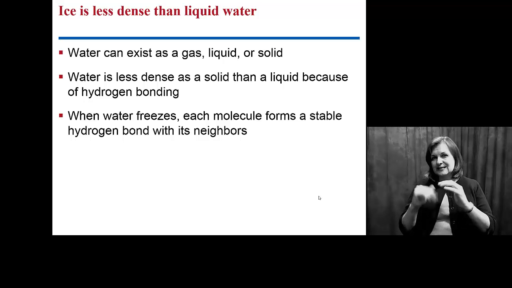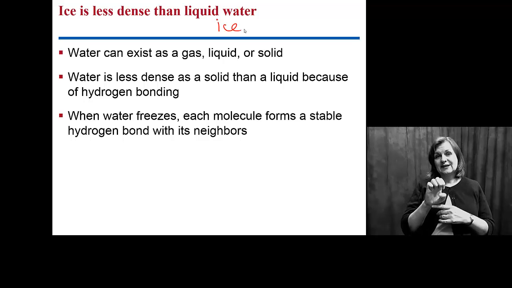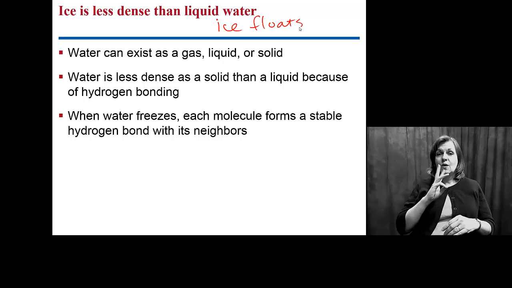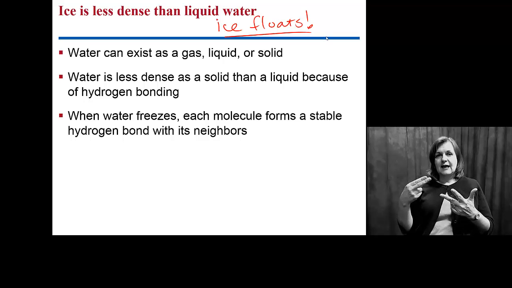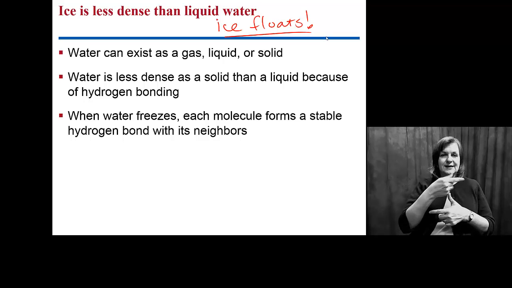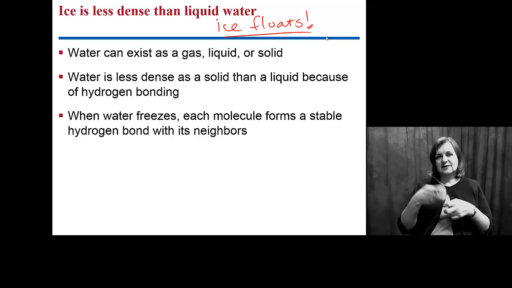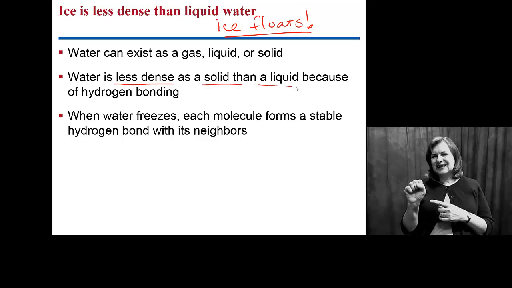We also mentioned the idea that ice is less dense than water, or ice floats. So water can exist as three phases, and we see it in three phases on this planet: gas, liquid, and solid. So when we look at water as being less dense as a solid than a liquid, it's because of that hydrogen bonding.